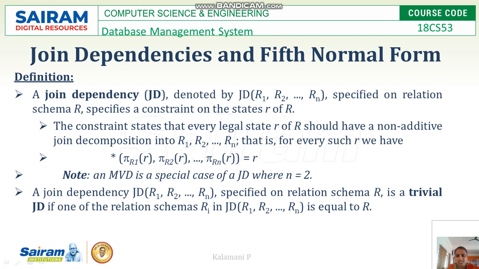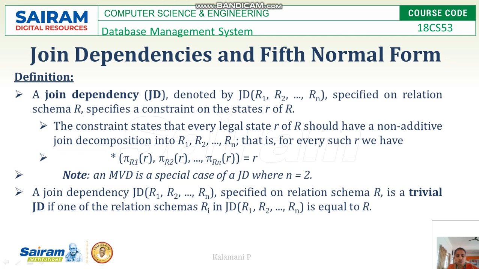That is, for every such r we have star pi R1 of r, where R1 of r is the valid relation state of R1, and so on up to the valid relation state of Rn, equal to r.